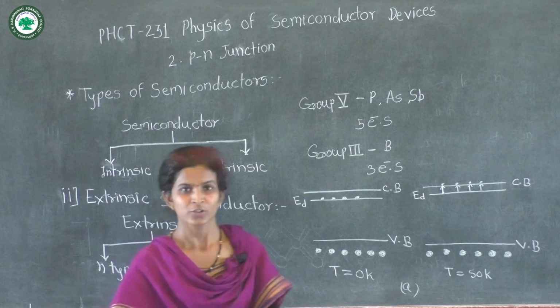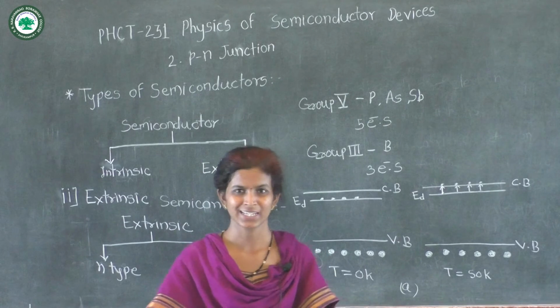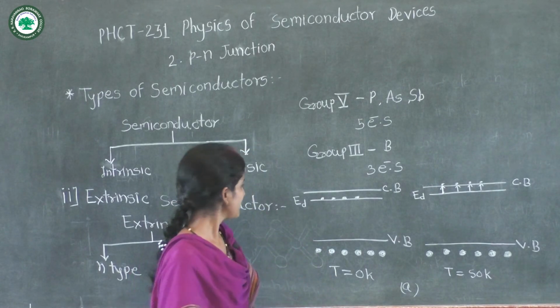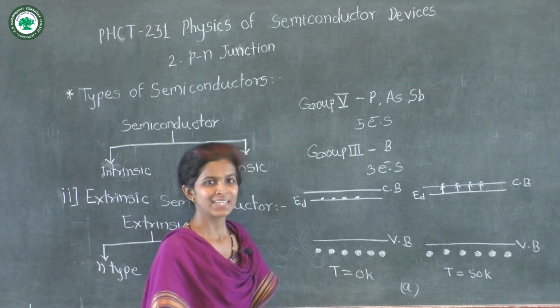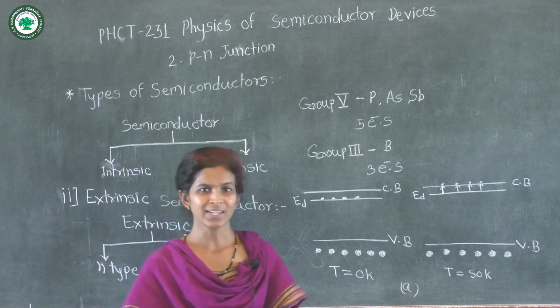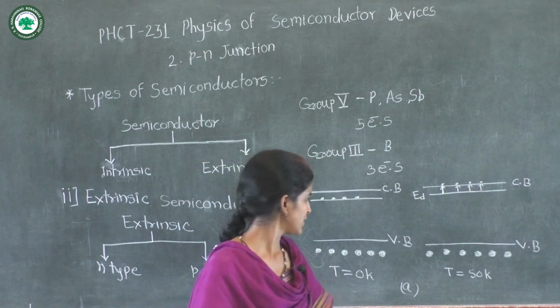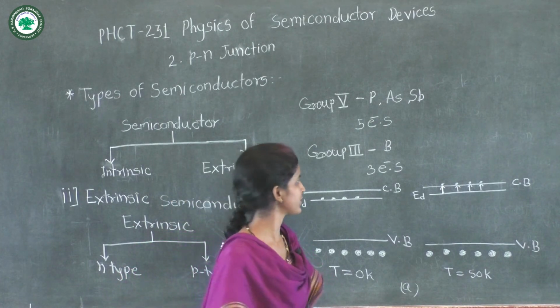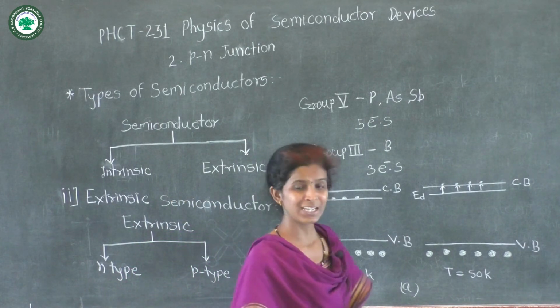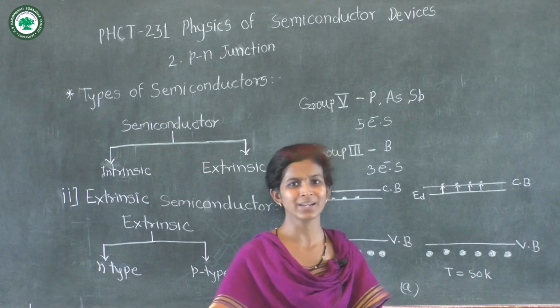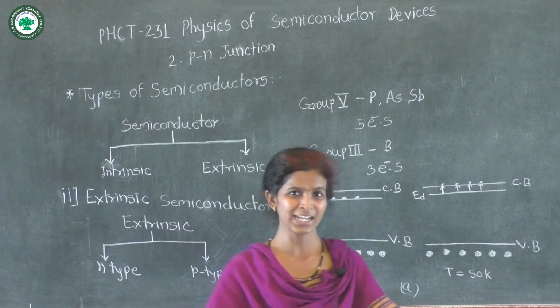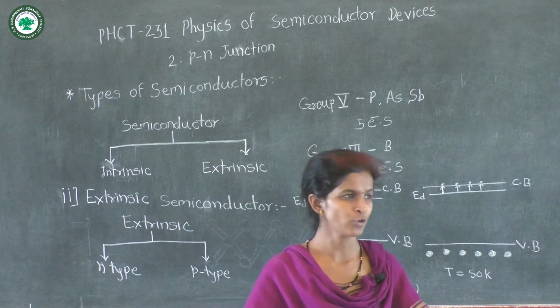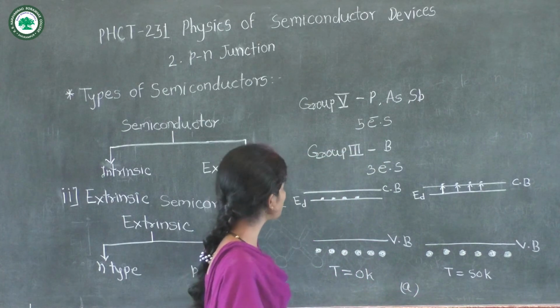But when group 3 impurity is added to the pure semiconductor, the extra energy level which is introduced is near the valence band, and this is the acceptor impurity. As group 3 impurity is added to the semiconductor, there are only 3 electrons in the outermost shell of the group 3 element.